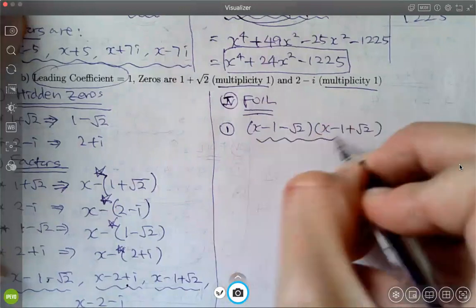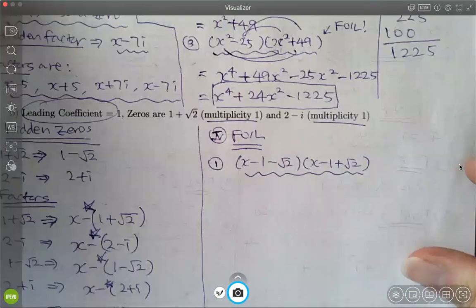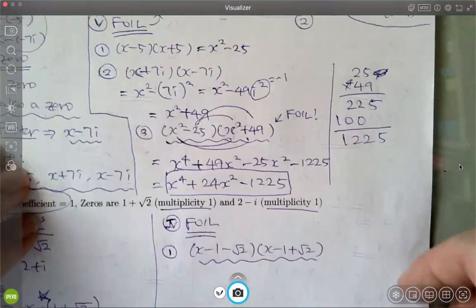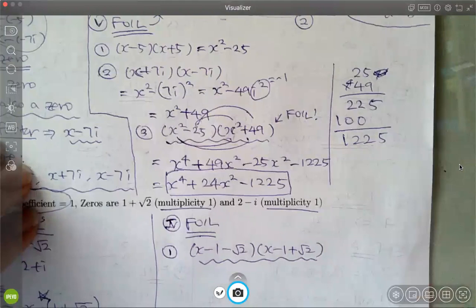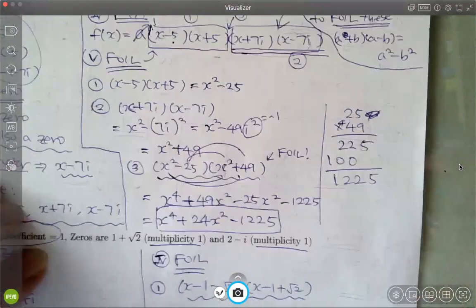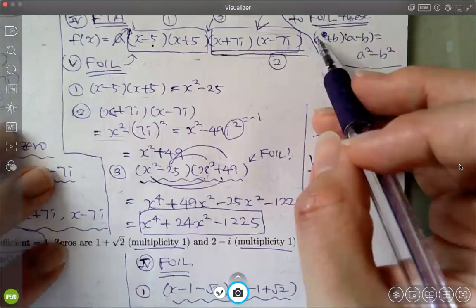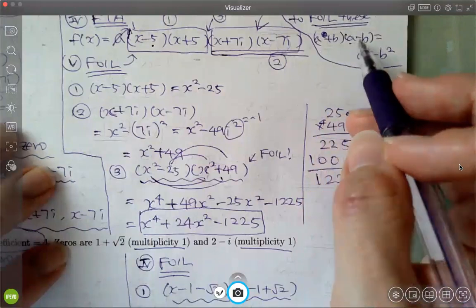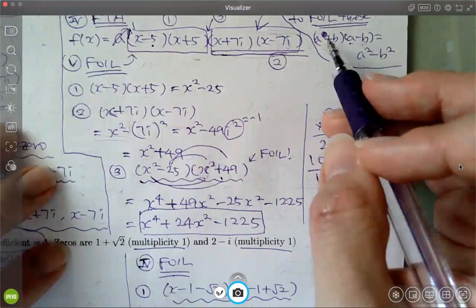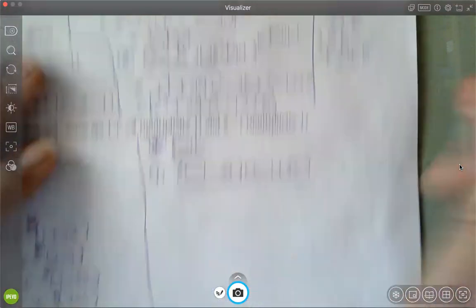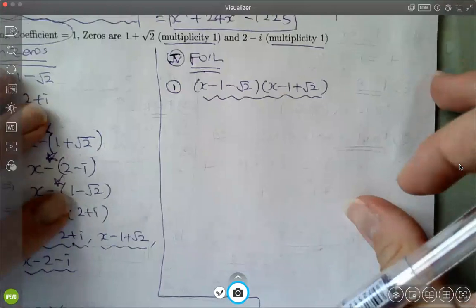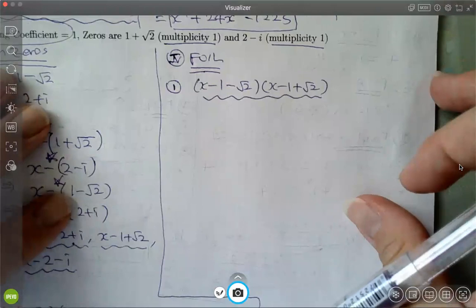Now here, we have to use the difference of squares, but you can see that it's kind of complicated compared to the previous setup, right? Remember, what we need is something minus something times something plus something, right? Can you see that here?